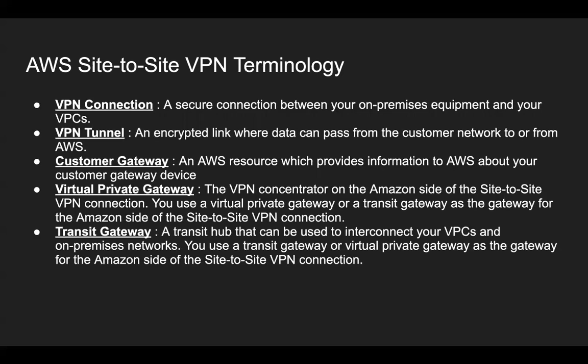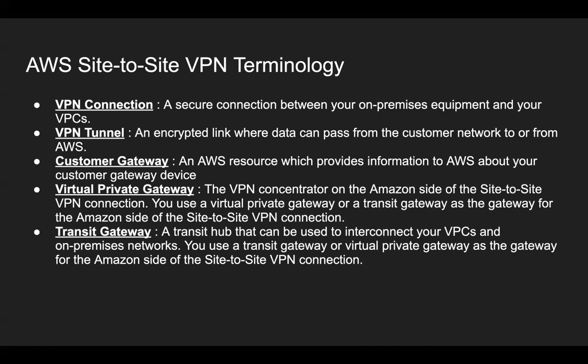Okay. Now let's take a look at some of these site-to-site VPN terminology. A VPN connection is a secure connection between your on-premise environment or your data center network to your Amazon VPC. A VPN tunnel is nothing but an encrypted link where data can pass through from your customer's network to or from the AWS side of things. A customer gateway is a representation of your customer device.